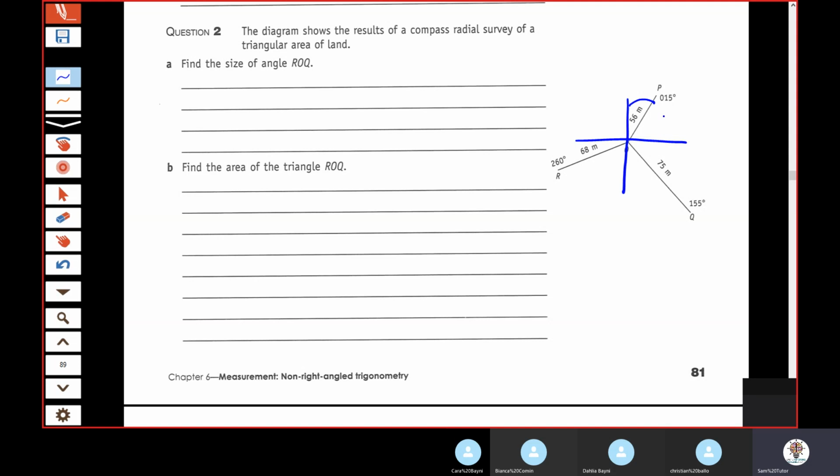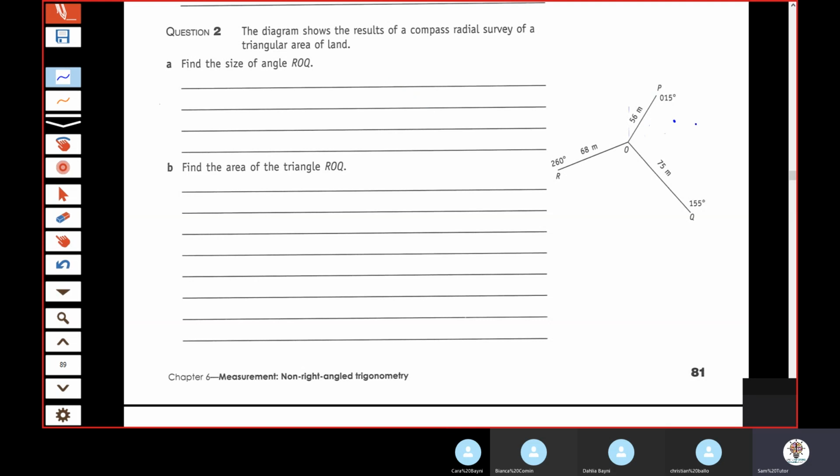15 degrees. True? Yeah. And then from here to here is 155 degrees. So if I ask you to find this angle in here, between Q, O and P, how would you find that? Minus 155 and 15, you'll get 140 degrees. What does the question ask you to do now?